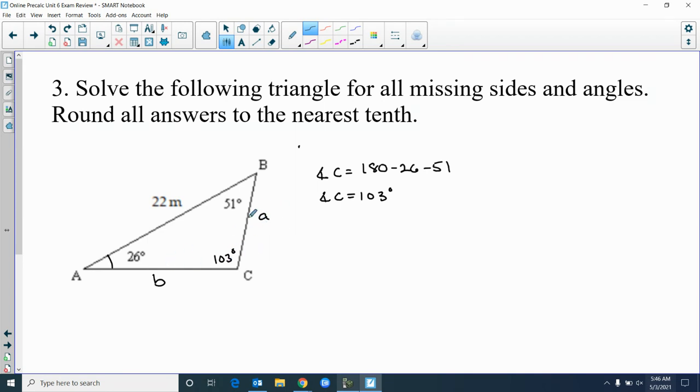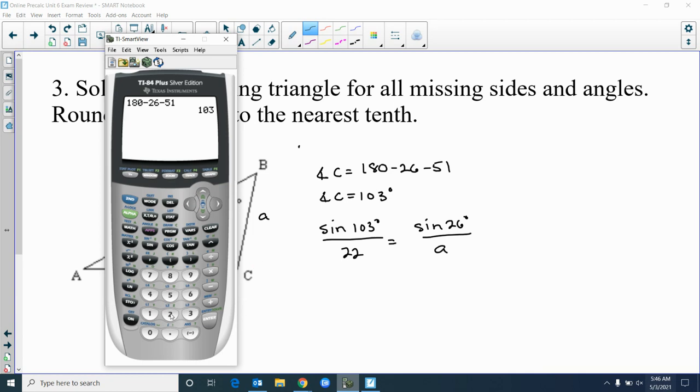So let's go for side A, and I'm going to use across from it angle A in the law of sines. So I'm going to take the sine of 103 degrees over 22 equals the sine of 26 degrees over A. Now, cross multiply. I'm not going to write everything out here.